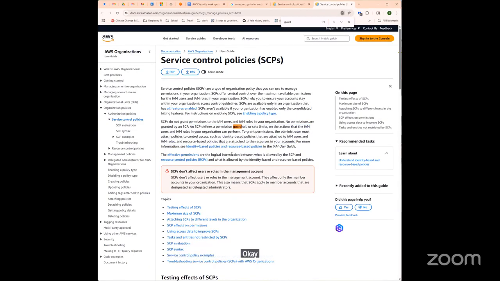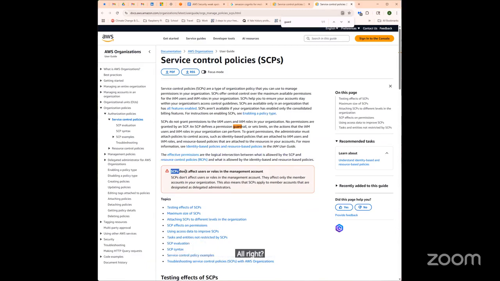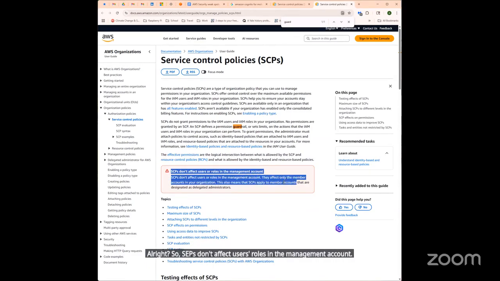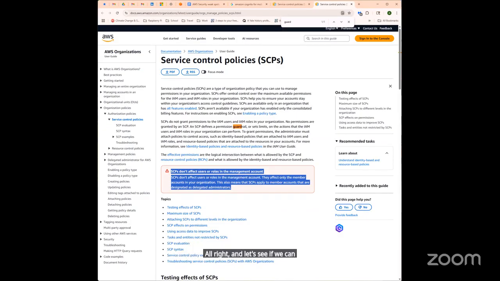The effective permissions are the logical intersection between what is allowed by the SCP and resource control policies. SCPs don't affect users and roles in the management account. They affect only the member accounts in your organization. So SCPs apply to member accounts that are just designated as delegated administrators.